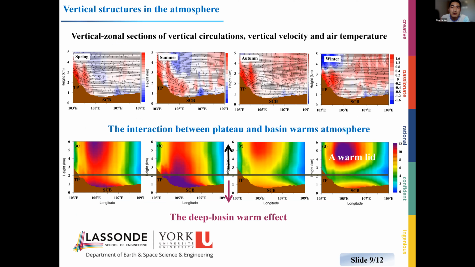And in the lower troposphere, a vertical vortex circulation covers the Sichuan Basin under the influence of the Tibetan Plateau's updrafts, driven by the blocking topography on the Asian monsoon. The dynamic process seasonally oscillates from lower in winter, around 2 kilometers, to higher in summer, between 4 and 5 kilometers.